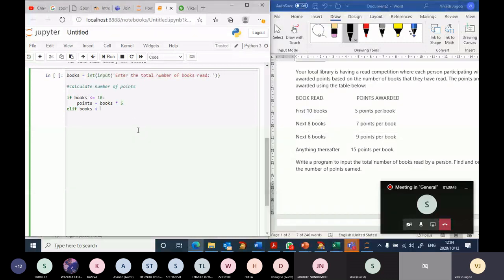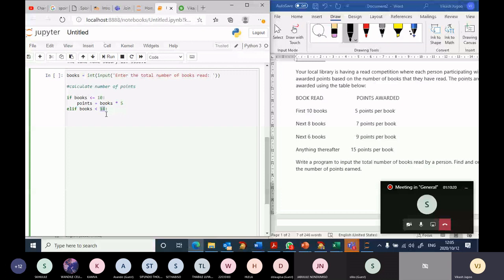So that's why my check is going to be less than equal to 18. Because this is the maximum number, 18, right? It includes the first 10 plus however many you have read. For example, if you read 12 books, the first 10 and you got 2 books left over. If you read 15 books, it's the first 10 plus 5 that are left over.